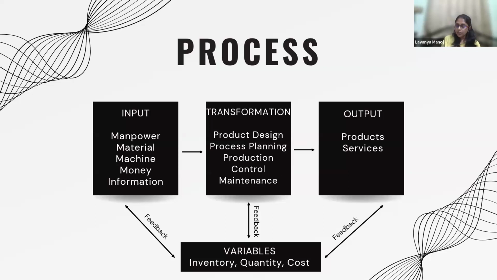So inventory also cannot be constant, it keeps on changing. And so how will you decide how much inventory I need to have in hand, or how much money I have to spend for this process, or what quantity will be at the end of the process.